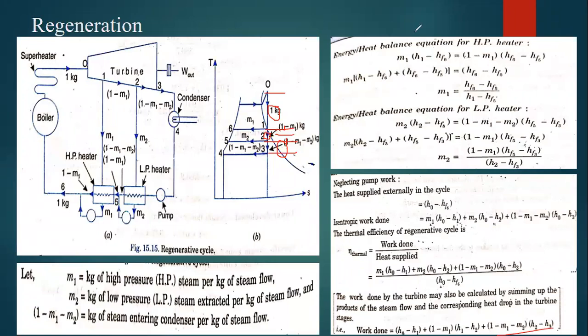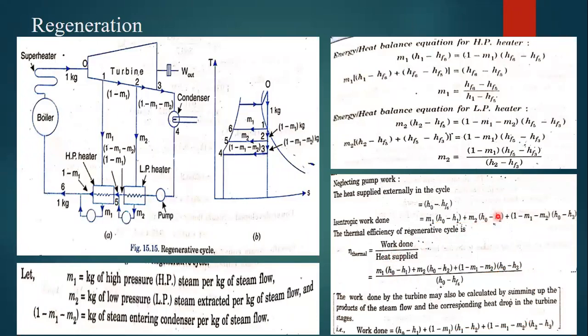We can take either one, no problem. Instead of this formula, you can substitute this also. Here he has used this one, you can also use the other one. You can use whatever formula you want for the isentropic work done. In that way, we have found the work done.